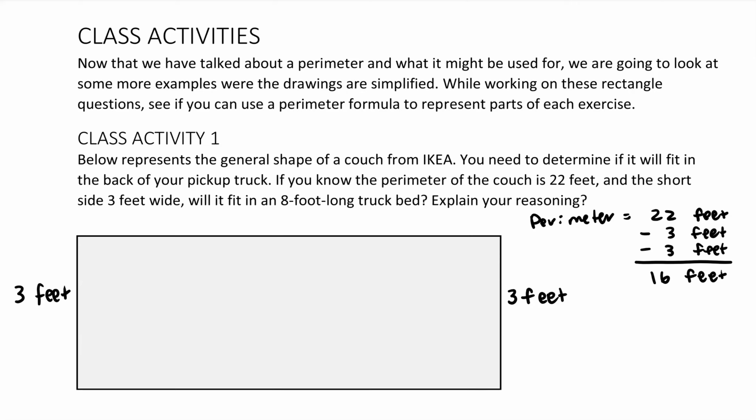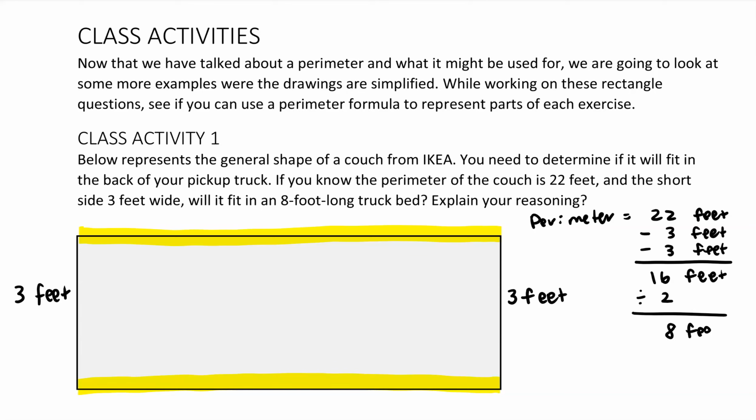That means that this highlighted length and this highlighted length, the remaining is 16 feet split between those two. So if we took the 16 feet and divided it by 2, that would give us a remaining amount of 8 feet. So that means that this is 8 feet here, and this is 8 feet here as well.